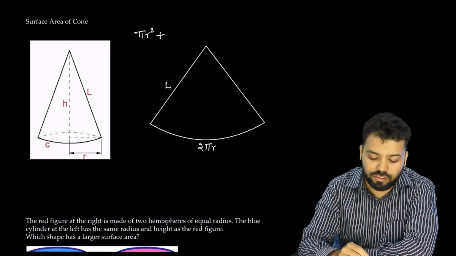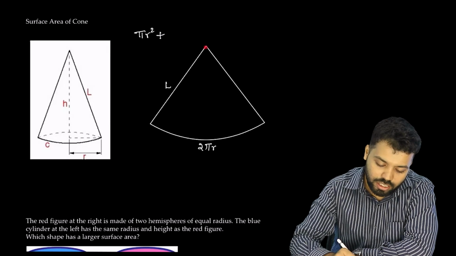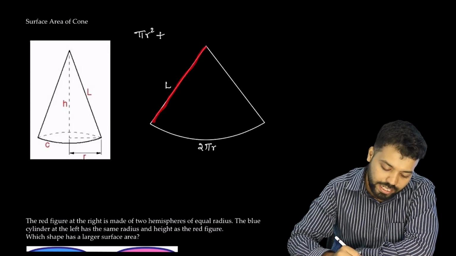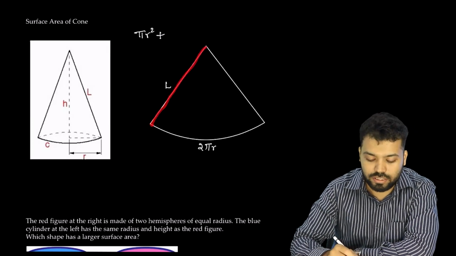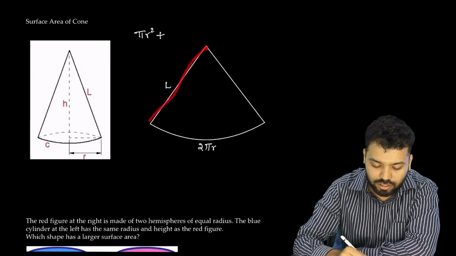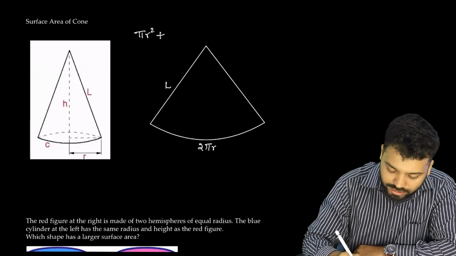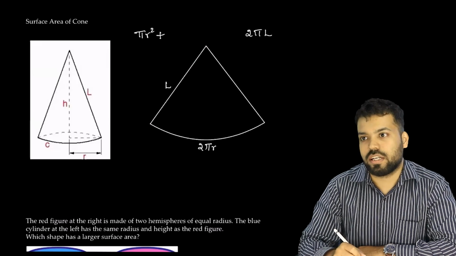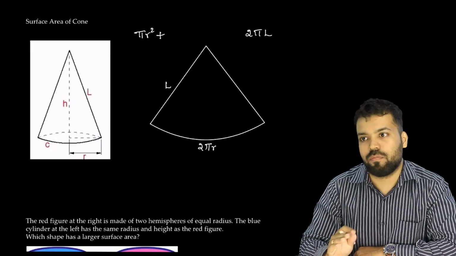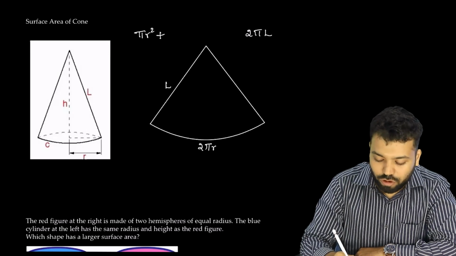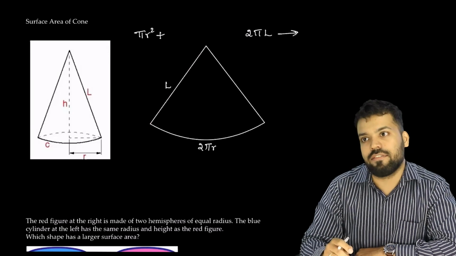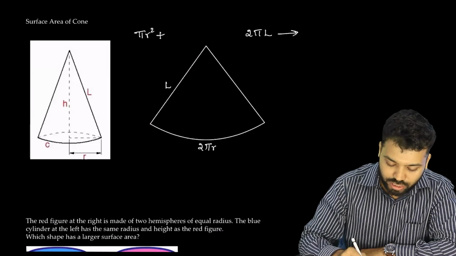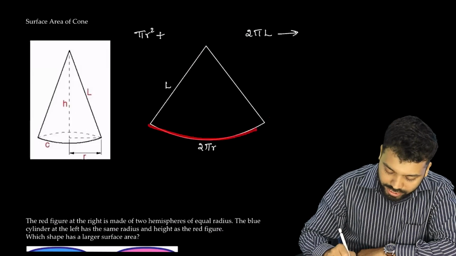But we know that a circle with radius L will have perimeter 2 pi L, correct? A circle with radius L will have circumference 2 pi L. What is the corresponding area for that circumference? 2 pi L means it will cover the entire circle, correct?